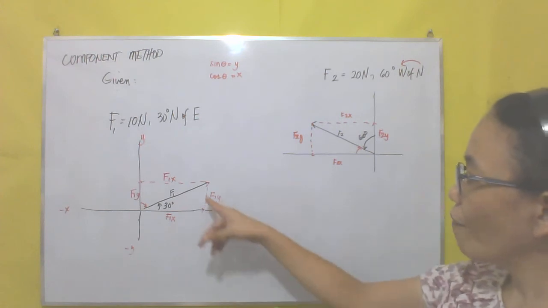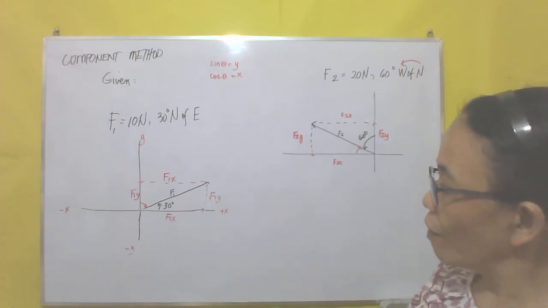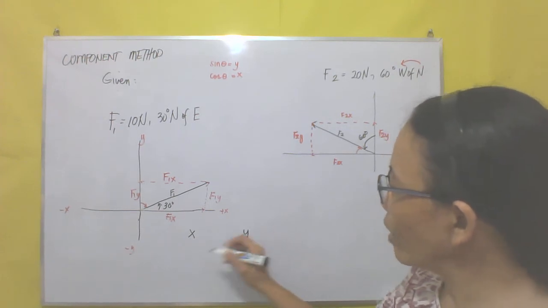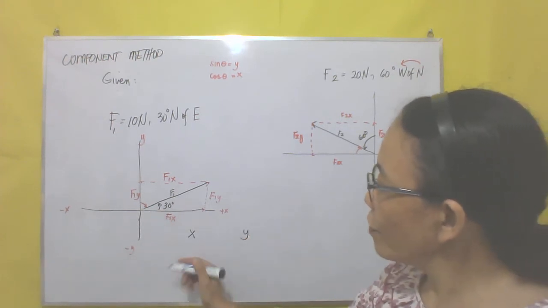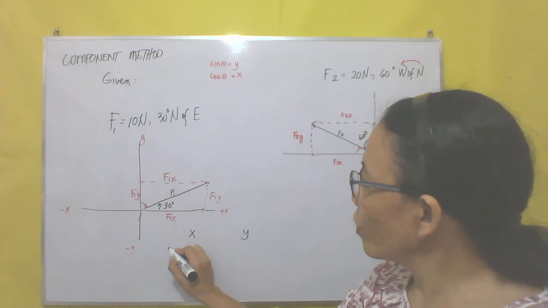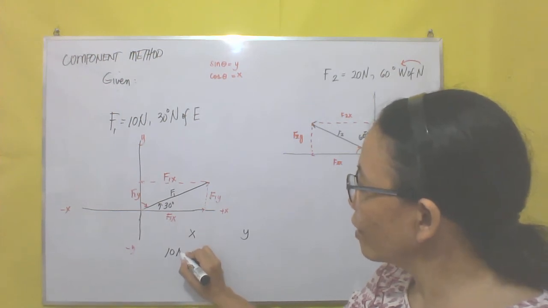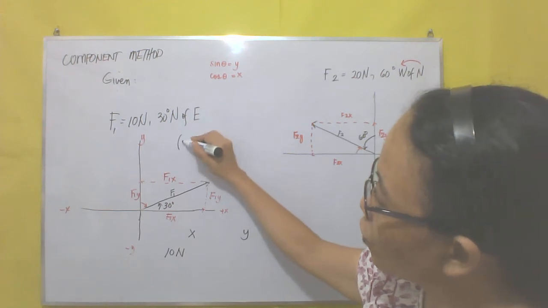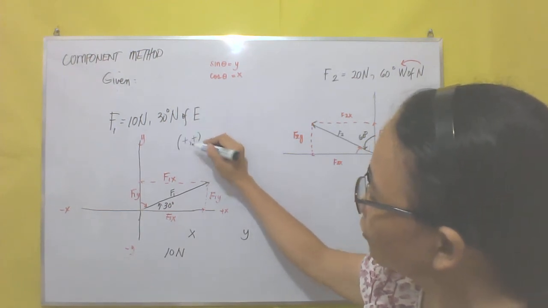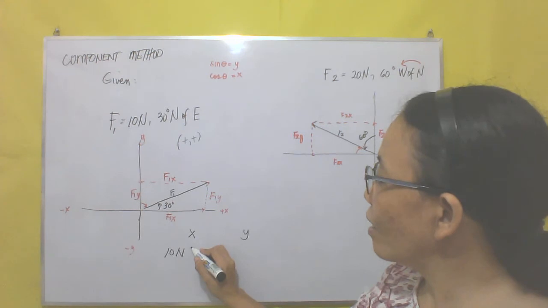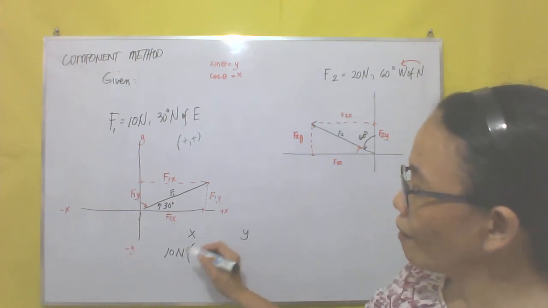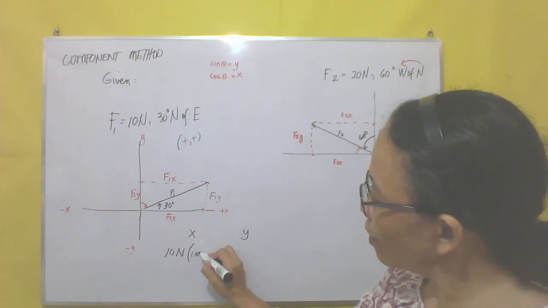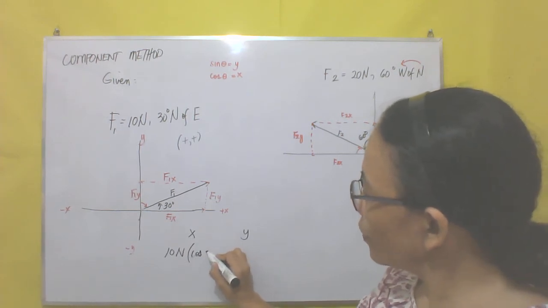Okay, so therefore, for the x component, then y component, we have 10 newtons, positive 10, positive since it is in the first quadrant, both positive. Positive 10 multiplied by cosine 30 degrees.